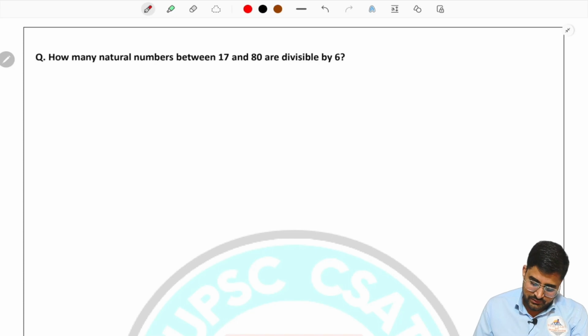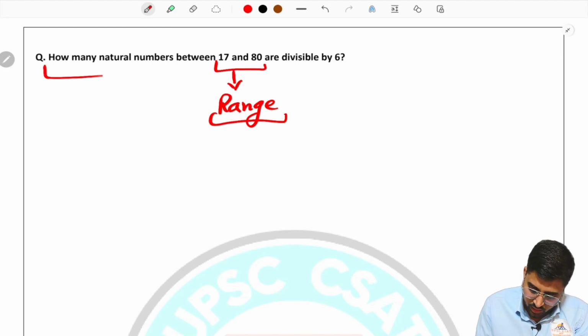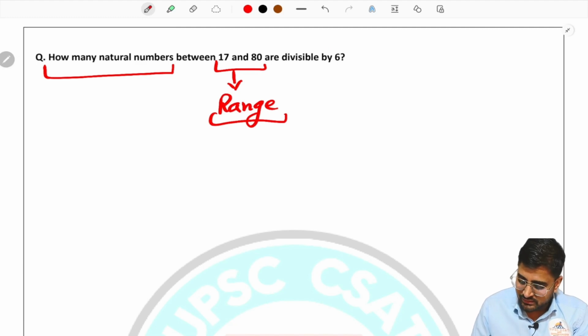Let's start the question. How many natural numbers between 17 and 80 are divisible by 6? A good question. In this question, we have a range and we have to find how many natural numbers in this range are divisible by 6.